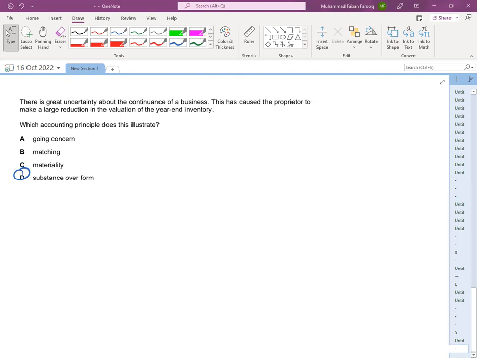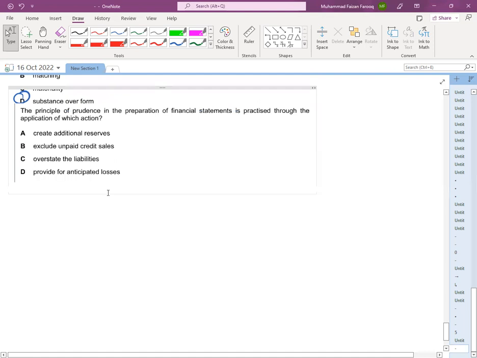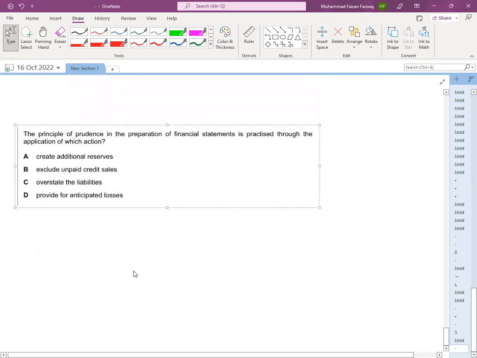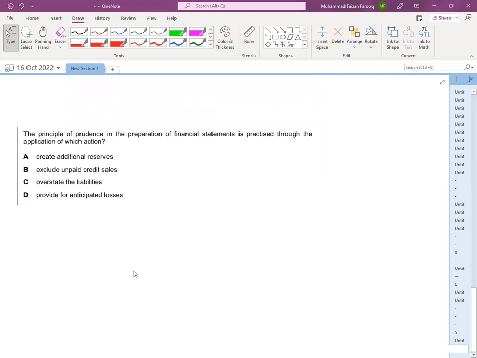The next question is again asking about prudence. The principle of prudence in the preparation of financial statements is practiced through the application of which action? We know we can record anticipated loss, but we are not allowed to record anticipated income.